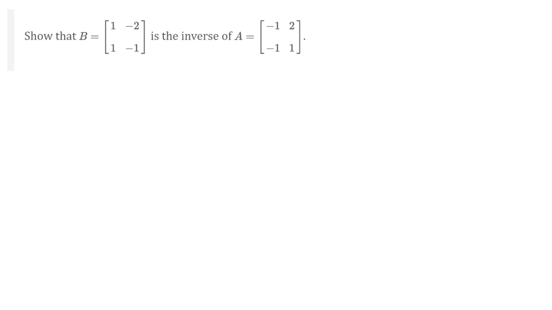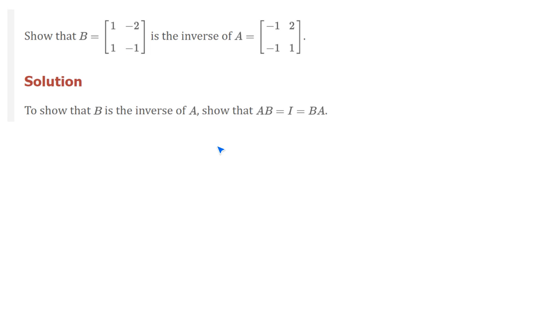Here we have two matrices, matrix B and matrix A, and we want to show that B is the inverse of A. First, we're going to multiply A times B, and then we're going to multiply B times A. If it gives us I, remember that I is the identity matrix that has all ones in the diagonal and everything else is a zero, then we can say that they are inverses of each other.